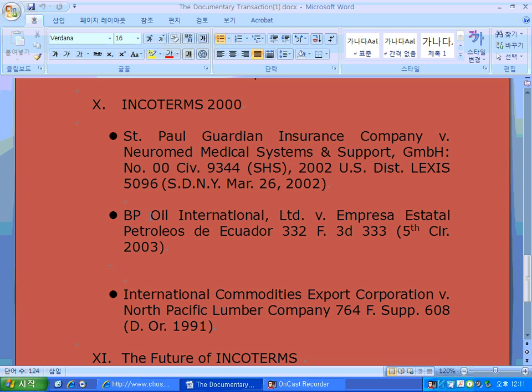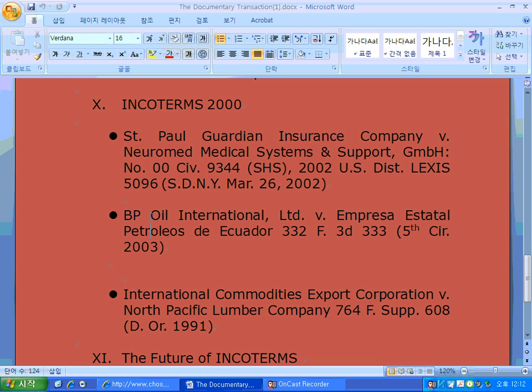For example, they may define their terms based on CIF conditions: CIF New York, CIF Seoul, or CIF Tokyo. What does that mean? And FOB terms have long been frequently used, now considered the second most popular terms behind CIF terms.